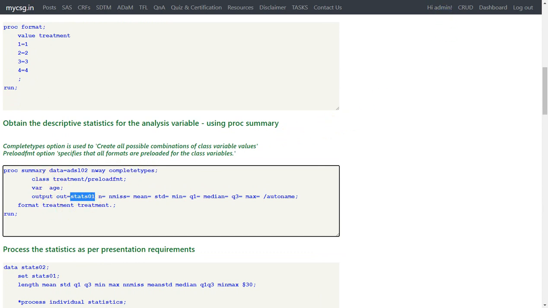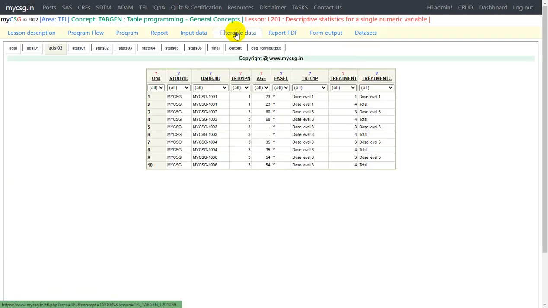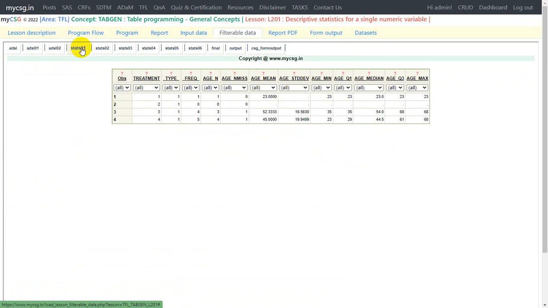Now let us take a look at the output data set that is getting created, stat01. Here we had our classification variable, and the summary is produced at each treatment. One row is created for each classification level: 1, 2, 3 and 4.